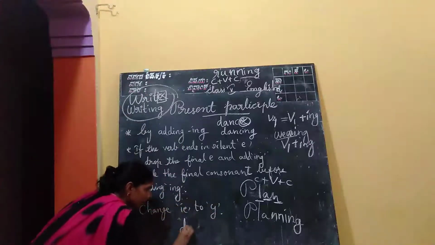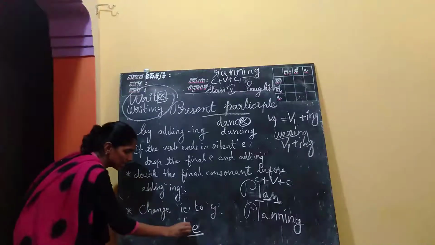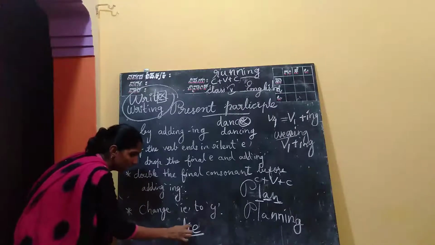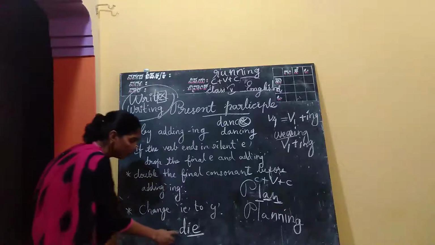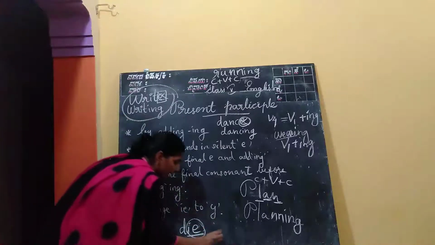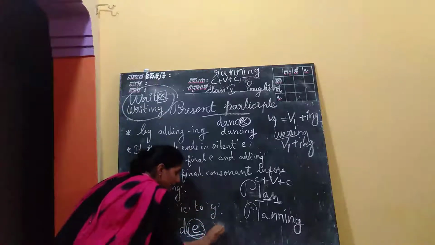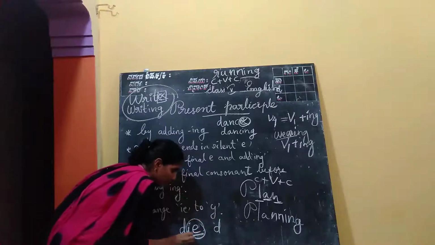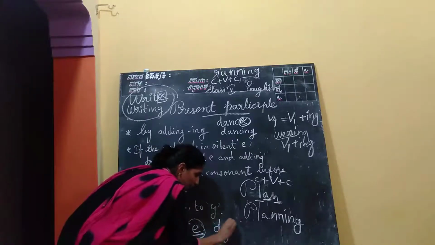The verb is ending with the letters IE, right? What do we have to do? We have to change this IE to Y for making V4, the present participle. Okay, die is there. We want to change IE to Y.